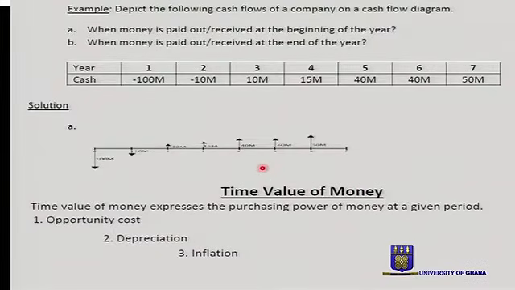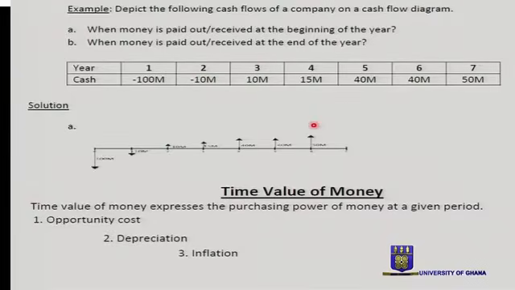Now periods 1, 2, 3, 4, 5, 6, 7 have different sums of money. Period 1 has minus 100 million, period 2 has minus 10 million, and it follows in that order.